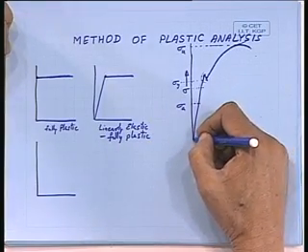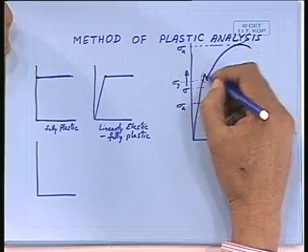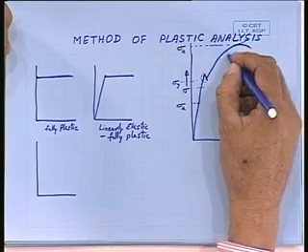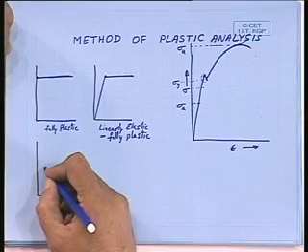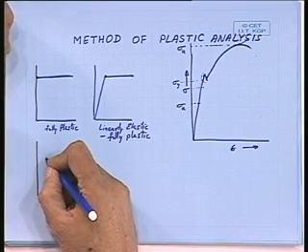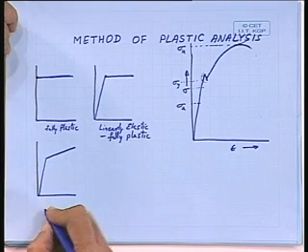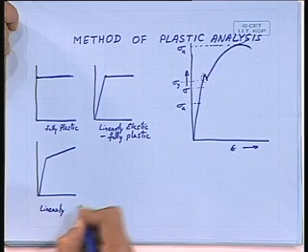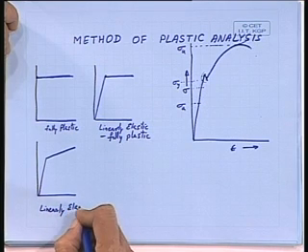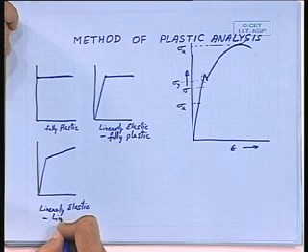And otherwise, we can consider that all this is simplified to this point here, and from here to here, instead of going to this, you simply join it by a straight line. In that case, we get a line or curve which gets modified to like this, linearly elastic and linearly plastic.